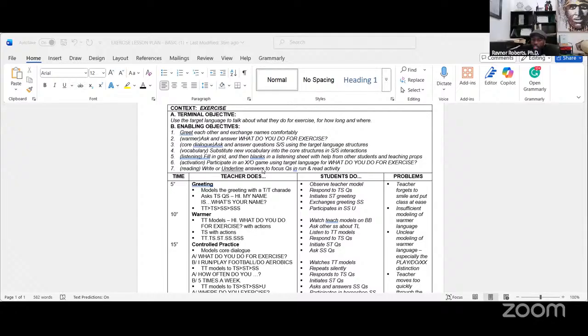Again, I'm not gonna say that you can't have a song for a warmer. You could, especially if the song has academic value. And again, kindergarten, we treat differently than first graders and second graders and so forth. So it has to be age appropriate, right?